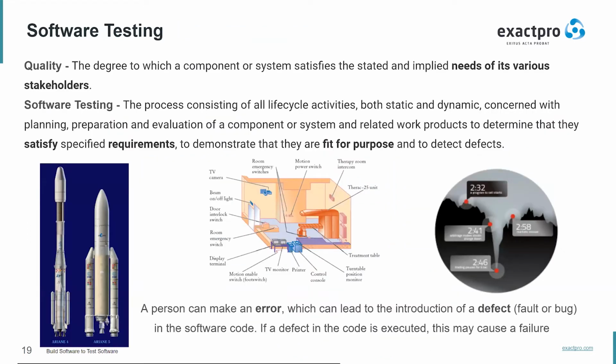Just several minutes ago, Arseny was talking about testing, and he explained the whole concept of software testing. I'm not going to repeat the definition itself, but I just wanted to outline two things here. When we talk about testing, a very important concept is the one of quality, which in its turn implies that the user needs are satisfied.